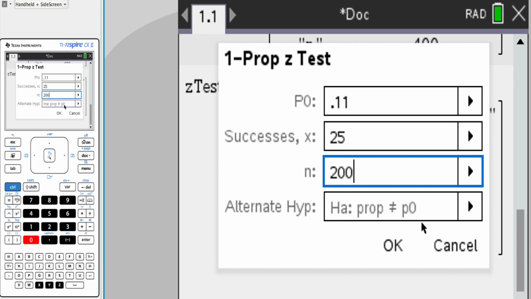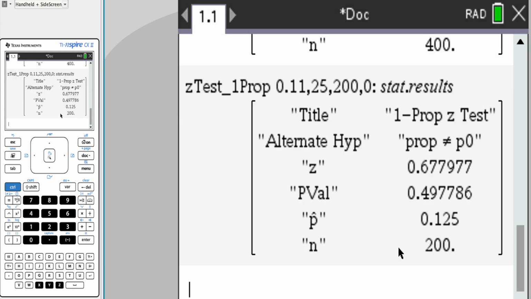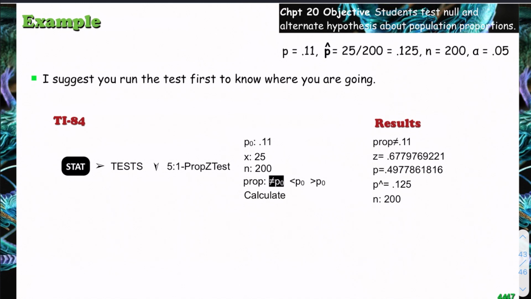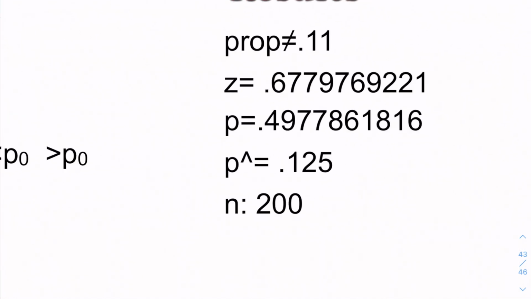We're seeing if this is not equal to it. We run our one prop z test on our calculator, and we get a z-score of 0.6779, a p-value of 0.49. Our p-hat was 0.125, and n is 200. Let's keep that in the back of our mind.